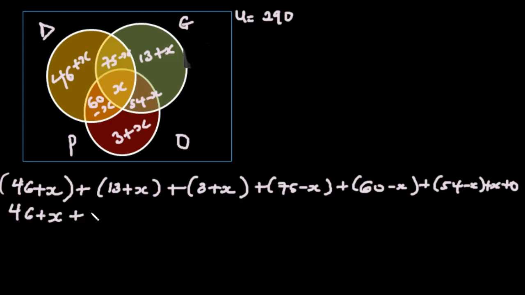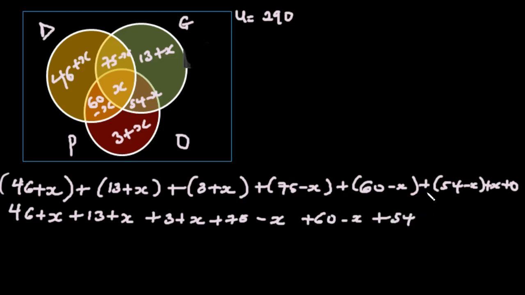This plus 13 plus x, 3 still plus x, 75 plus multiplied by minus is minus x, plus 60 plus multiplied by minus is minus x, plus 54 plus multiplied by minus another minus x. Then I have my plus x, then I have my plus 0. Sorry, everything should be equal to 290. Let me put it here also, equals to t.